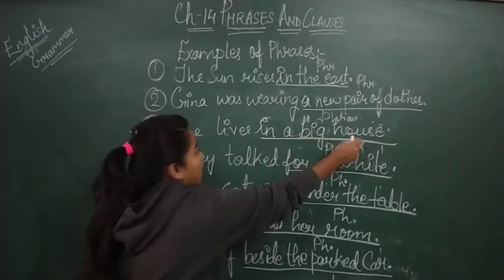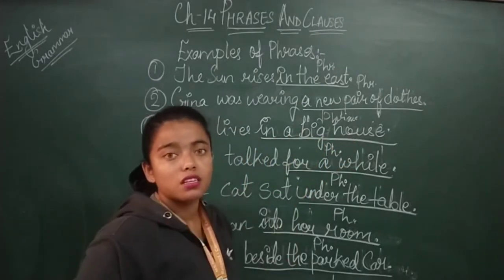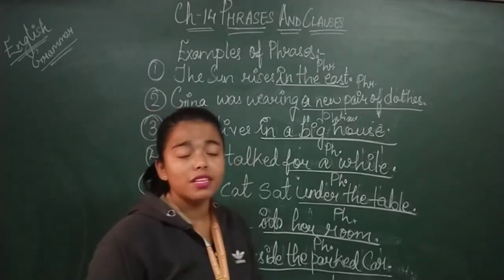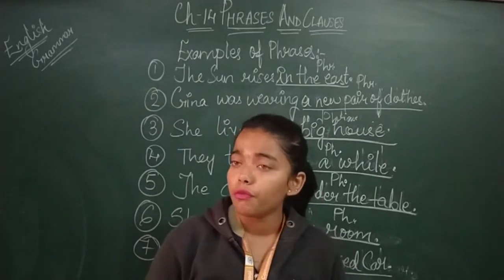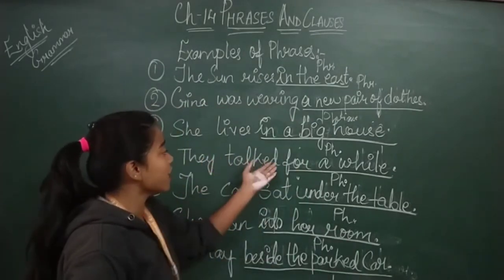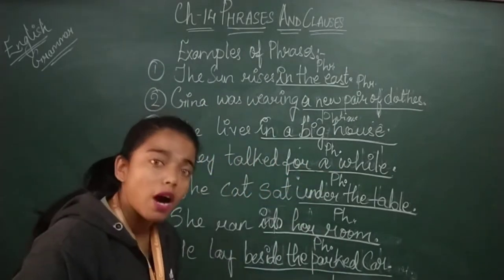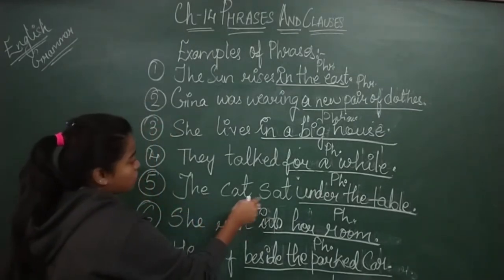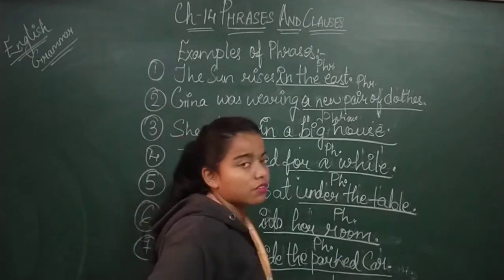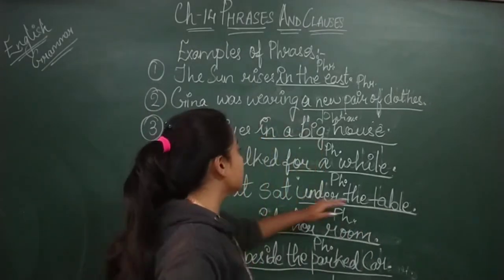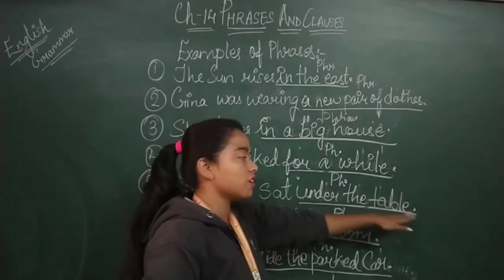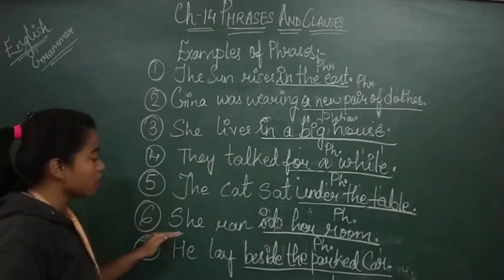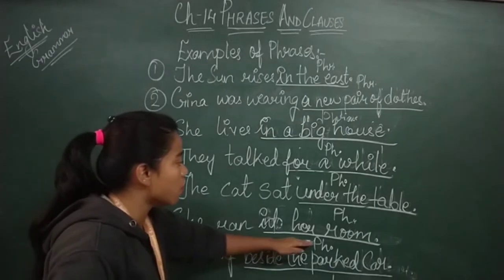In a big house, it makes a complete sense. They talked. For what time did they talk? They talked for a while, for some time. The cat sat. If I say the cat sat under the table, it is making a complete sense in this sentence. Now sixth one. She ran into her room.